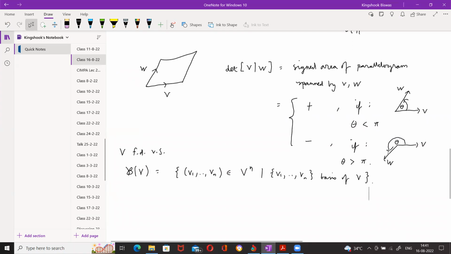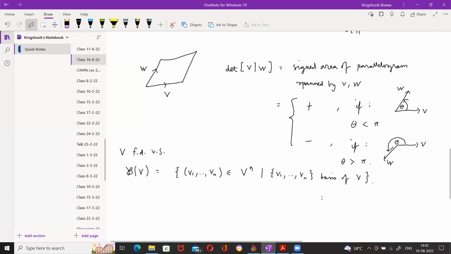And actually, if you look at the set of all ordered bases, B of V, this is the set of ordered n-tuples V1 to Vn in V power n such that V1 to Vn is a basis of V. But here the ordering of the basis is important.